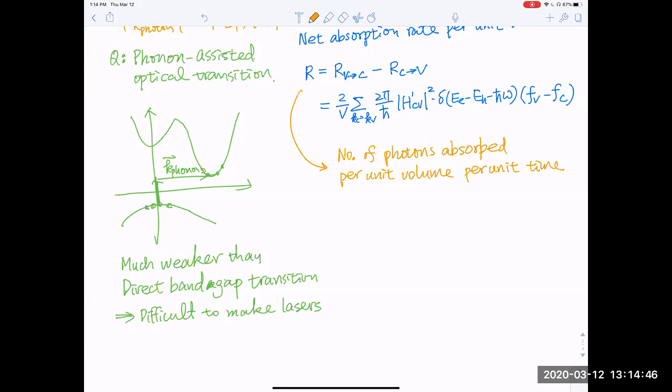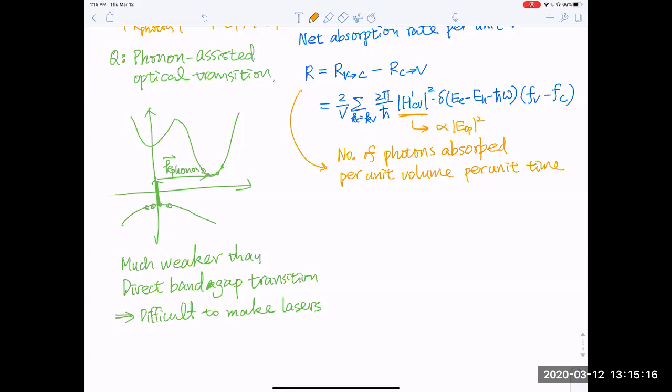Why is this transition rate dependent on incoming photon intensity? It's hidden in this matrix element, which, if you recall, is a dipole moment. It's proportional to the optical field squared, so a stronger field gives more absorption.